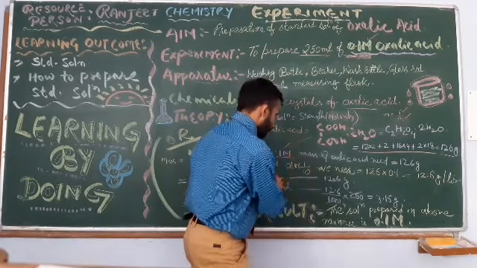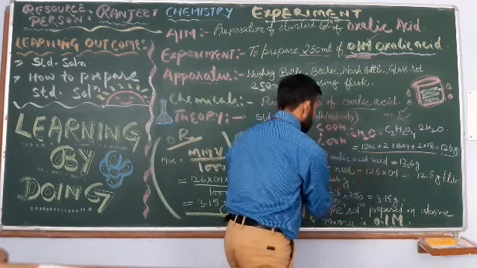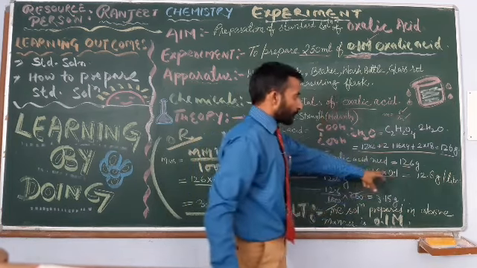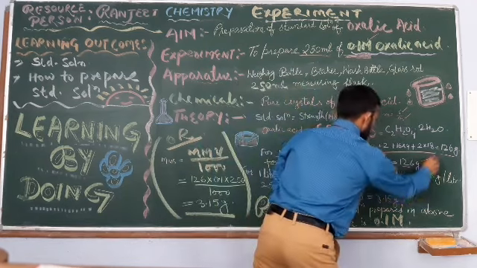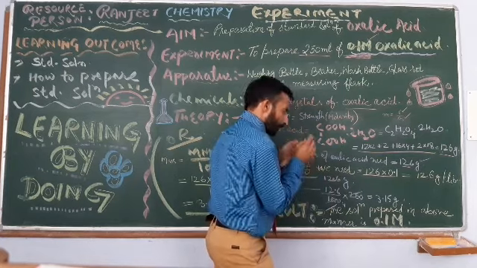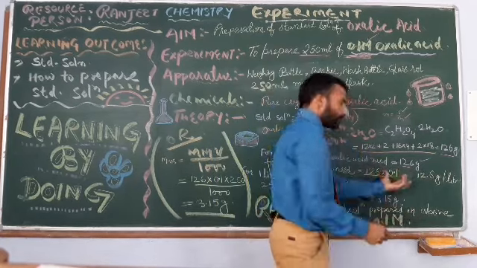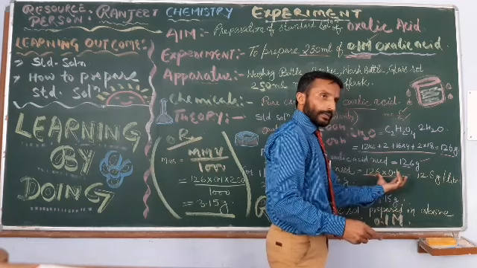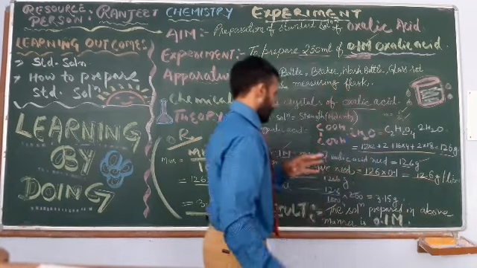For 1 liter we need strength 0.1. For 1 molar we need mass 126. So for 0.1 molar we multiply with that molarity. The mass we will get here is 12.6.